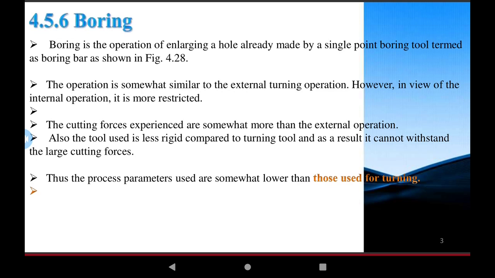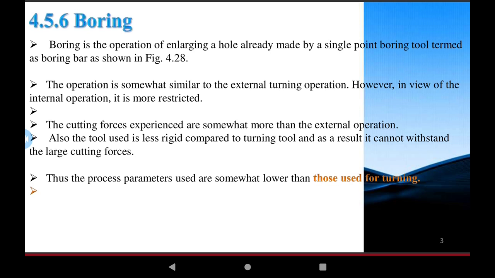The operation is similar to the external turning operation. External turning is performed on the external surface of a cylindrical workpiece. However, the internal operation is more restricted.